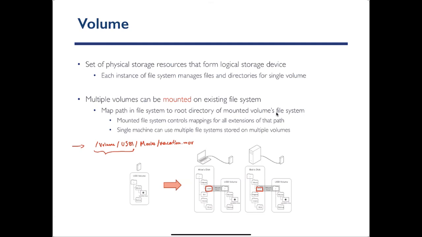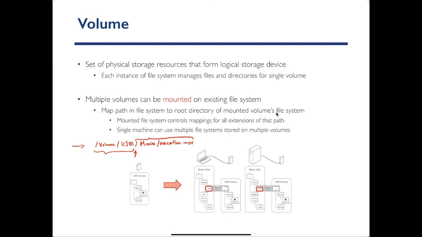The host file system realizes that this point is where the second file system is mounted. So then it uses the rest of the address to pass it to the second file system to then search for this file within its file system.